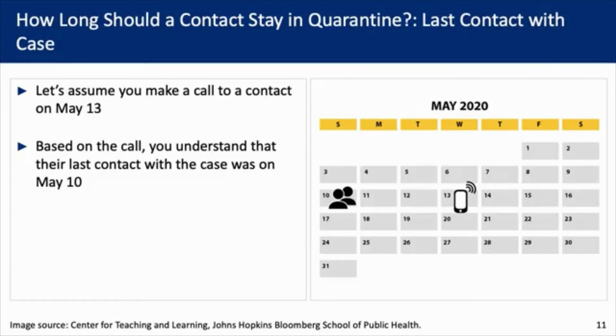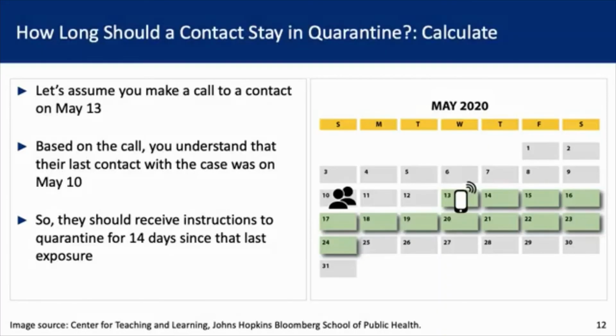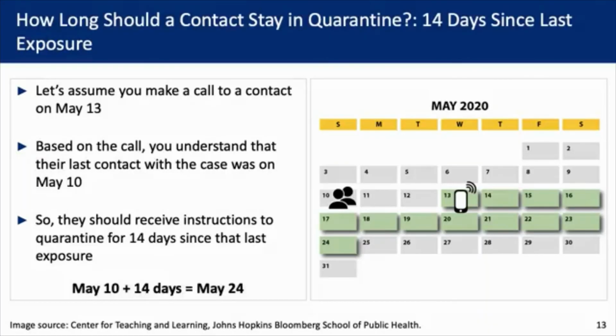If you recall, that's the second day of illness for the case. So they should receive instructions to quarantine for 14 days since their last exposure to the case. If their last exposure was on May 10th, you would add 14 days. And so that would mean that they should quarantine through May 24th.